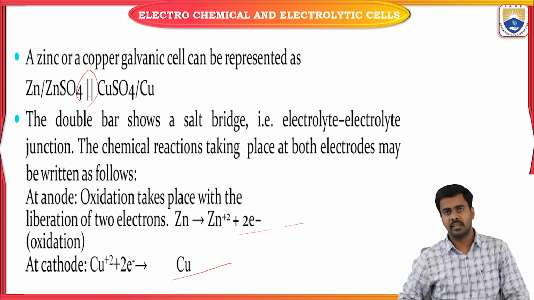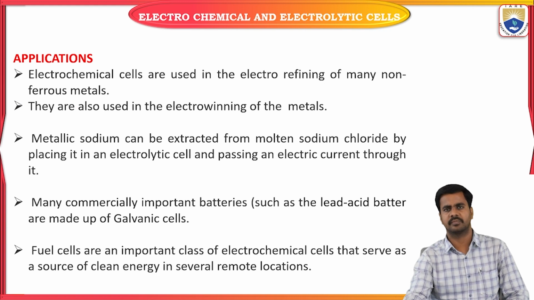Next, coming to the applications. What are the major applications of electrochemical cells? They are used in electrorefining of many non-ferrous metals and in electrowinning of metals.